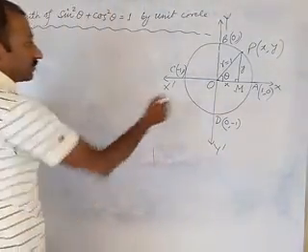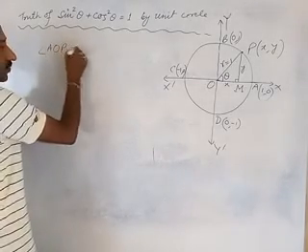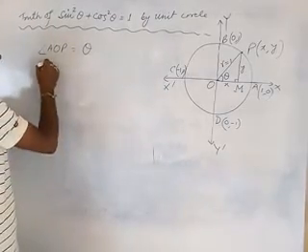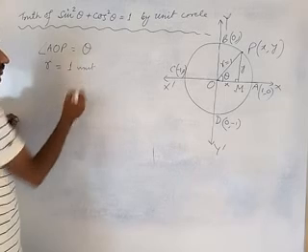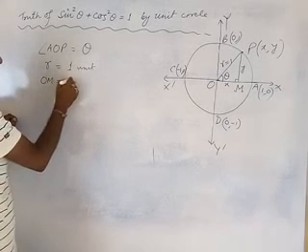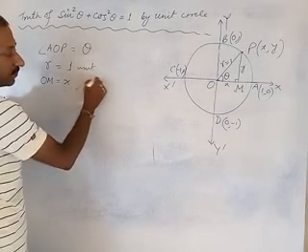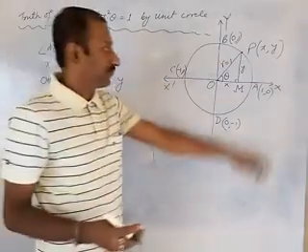So suppose angle AOP equal to theta, radius equal to 1 unit, then OM equal to x and PM equal to y by the coordinate system.